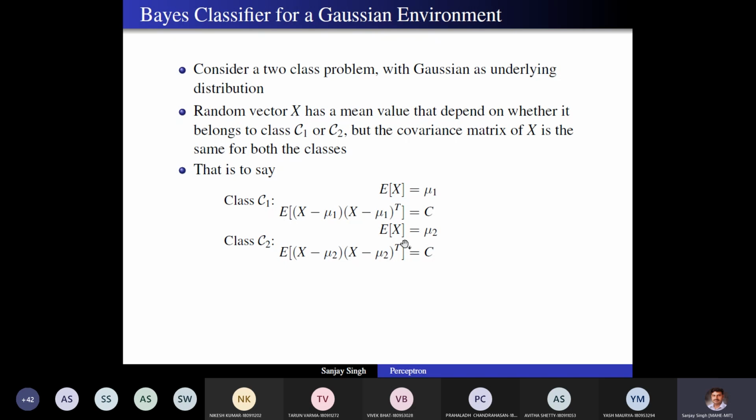What does it mean? Can anyone of you tell me?